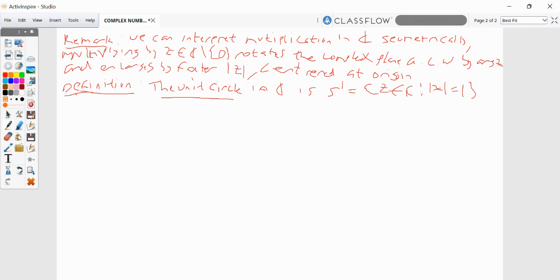So really the only thing that's new here is that the unit circle can be represented by S1.